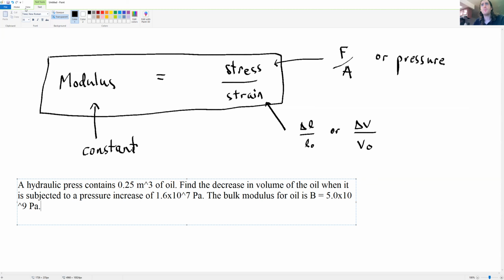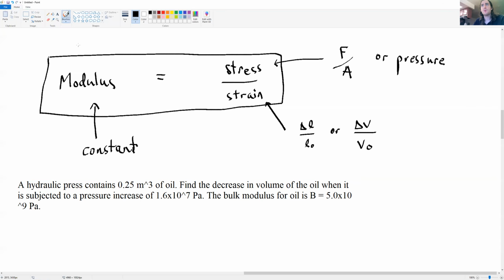If you want to do bulk modulus, just put B here. The bulk stress is the change in pressure, delta P, and the bulk strain would be delta V over V0. And of course it will be a volume decrease, so there's a minus sign there. You can maybe write that out, bulk modulus.